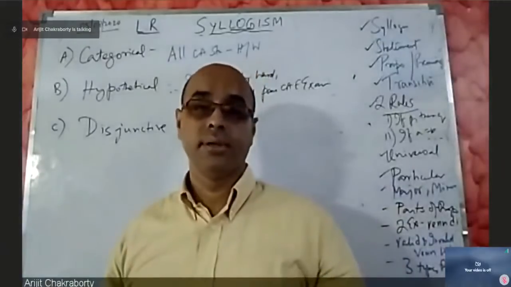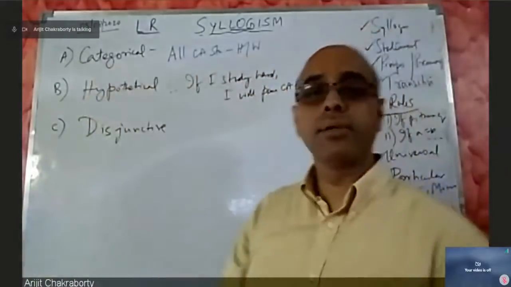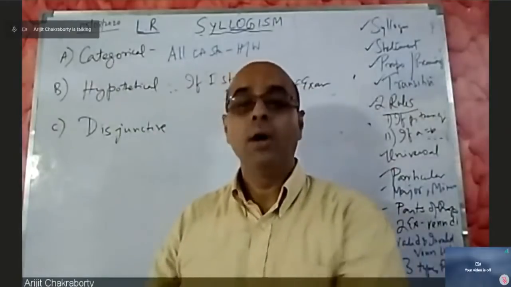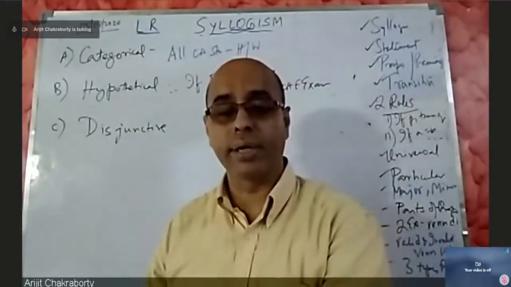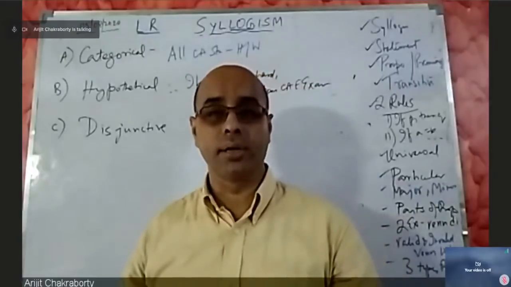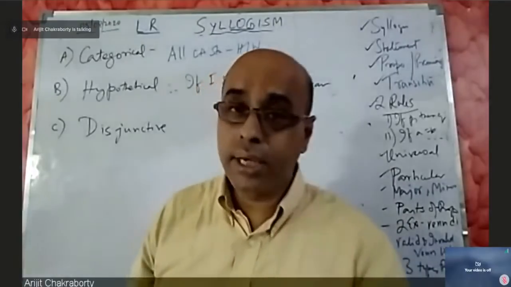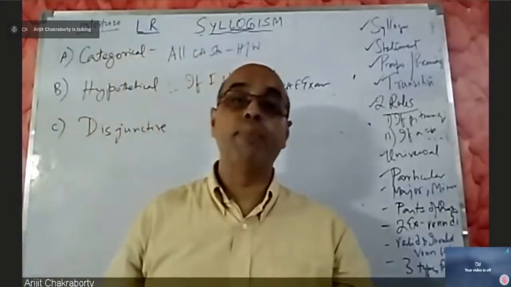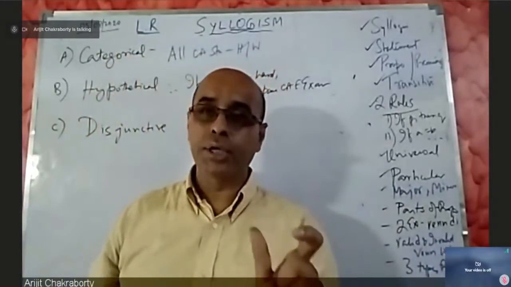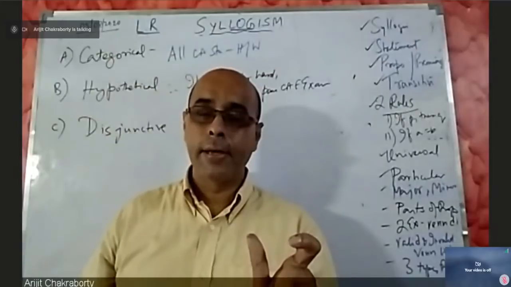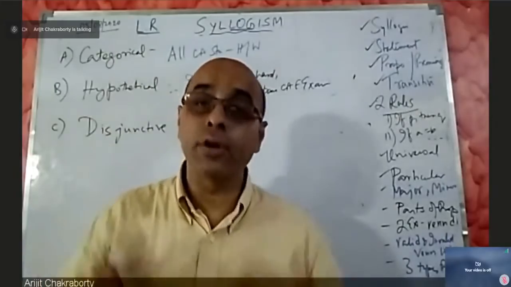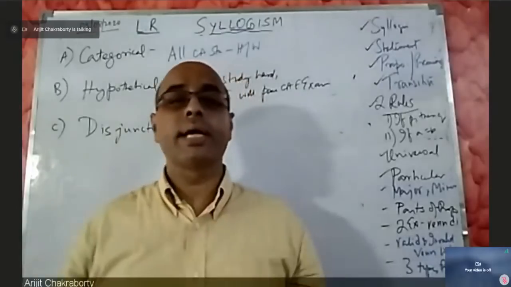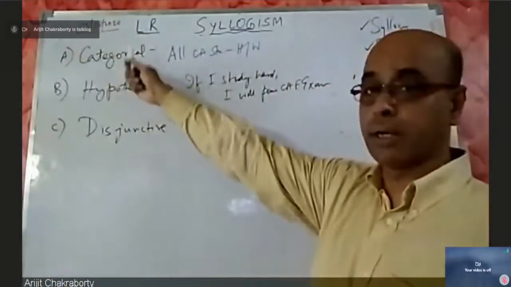Hypothetical proposition. And the first one is categorical, no condition. All CA students need to be hardworking. This is unconditional. Okay? No CA student should be lazy. No professional should be backdated. These are unconditional. No human should be narrow-minded. Unconditional. So these are examples of categorical.